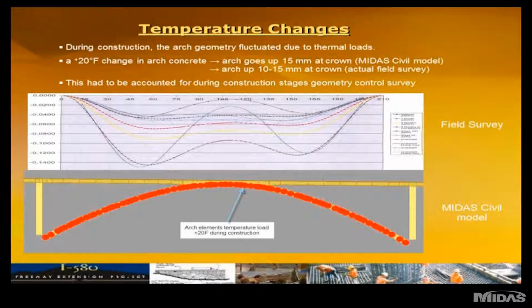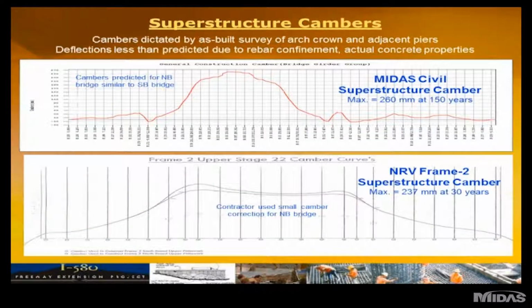Superstructure cambers, as I mentioned, were dictated by the arch crown and the piers. Deflections, as I mentioned, were slightly less than predicted due to rebar confinement and by not using the actual concrete properties.